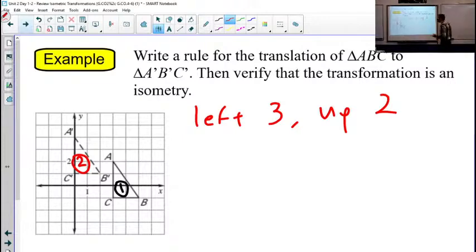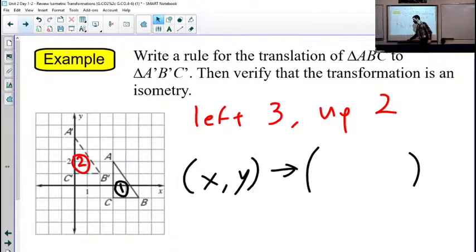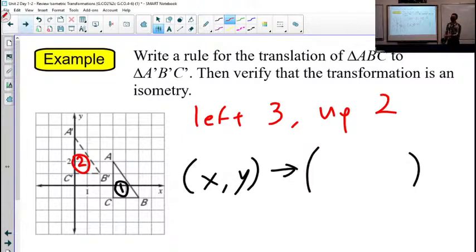So now we need to write the actual coordinate rule that has those directions. Where does x, y move to? Well, here x, y is going to move to, we want to tell it to move to the left 3. So which one is in charge of moving us to the left, x or y?